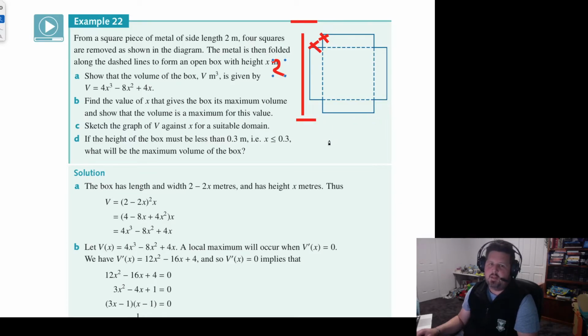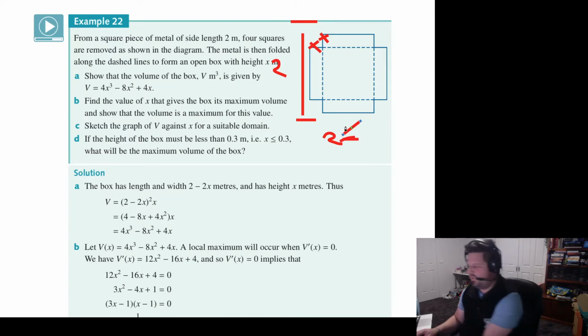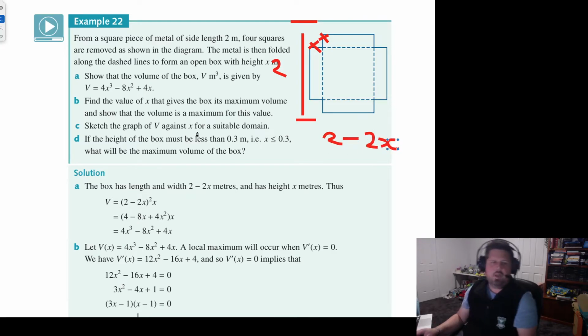Just see how successful we are. 2 take away 2x, 2 take away 2x. Cool. Now, hopefully you remember how to calculate the volume of a shape.